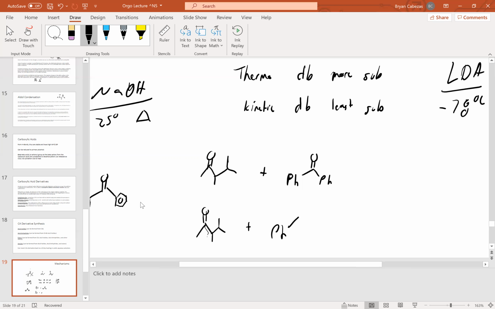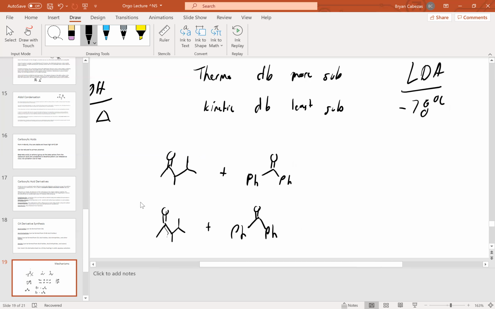So you have a Ph, so there's no alpha hydrogens on this carbonyl. So this one's going to be the one that's attacked. And in this one we have the LDA, then negative 78 degrees Celsius. And in this one we have the NaOH, and we have the heat.